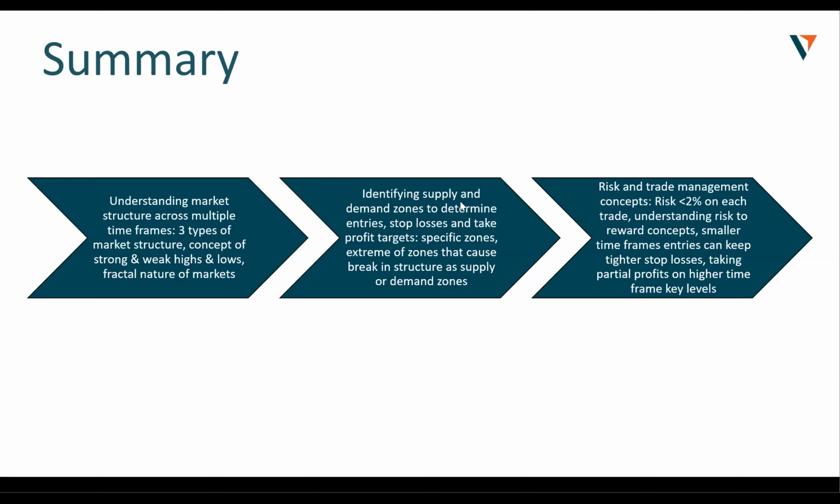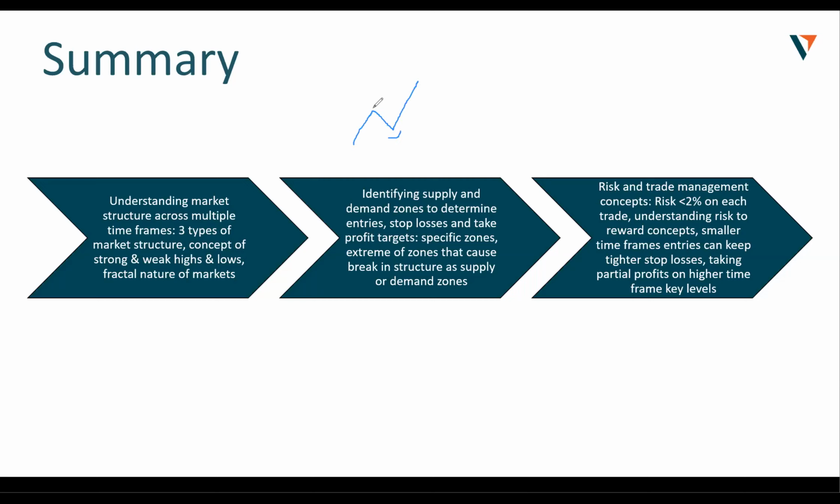We also covered supply and demand zones, right? So in this example, I covered more on demand areas, essentially ways we can determine demand zones. In this specific session, we covered how we can use the extremes of moves that can cause the break in structure to determine the demand area.